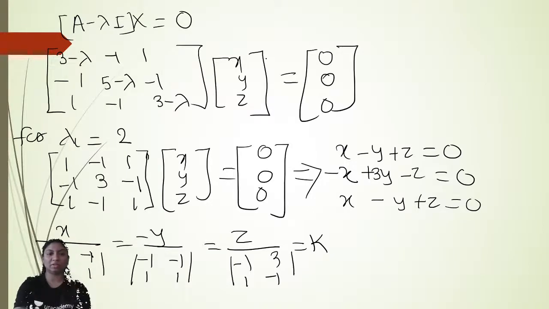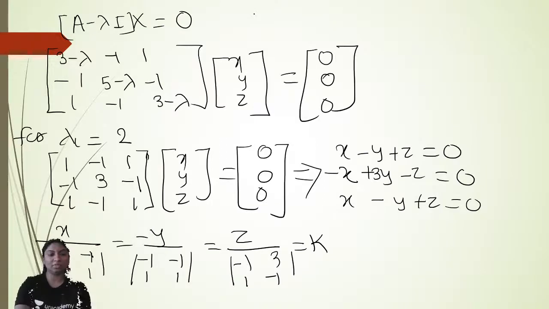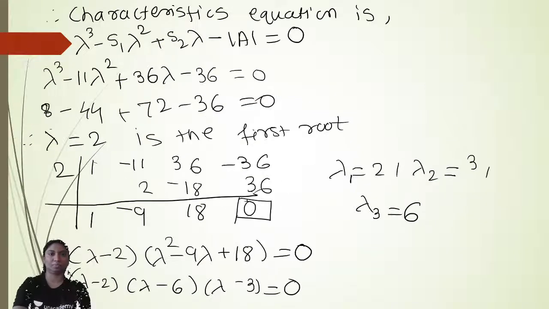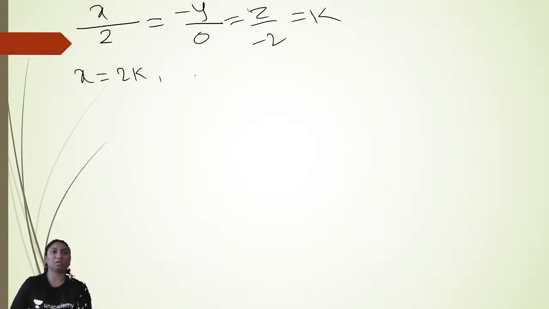So minus 1 minus, so y is upon 0 is equal to z upon minus 1 plus 1 minus 3, so minus 2, z upon minus 2 is equal to k. So x is equal to 2k, y is equal to 0k, and z is equal to minus 2k.